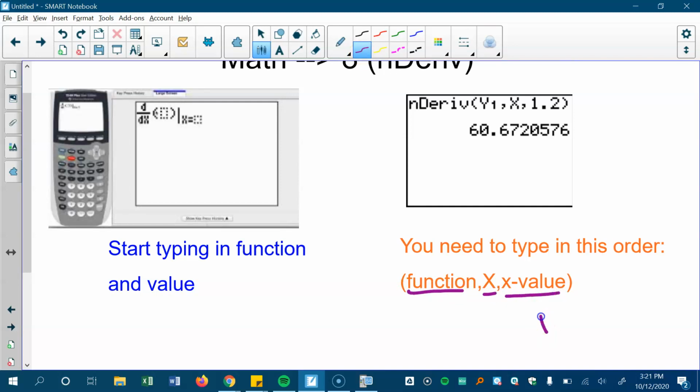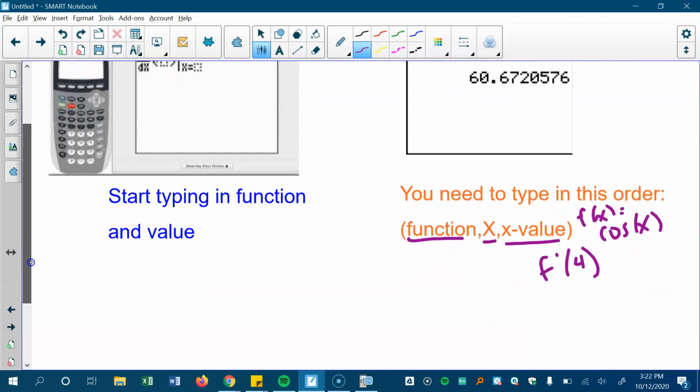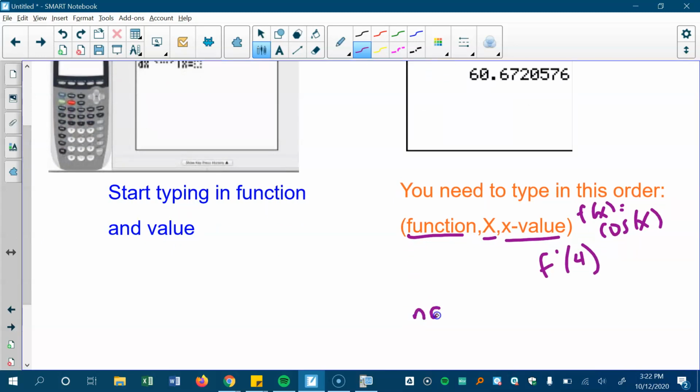So if we were to do f prime of 4 for, let's say, cosine of x, f of x is equal to cosine of x, you will need to type in nDeriv, which is math 8, and then you would do cosine x, and then comma, x, then another comma, and then 4, and enter, and you would have it.